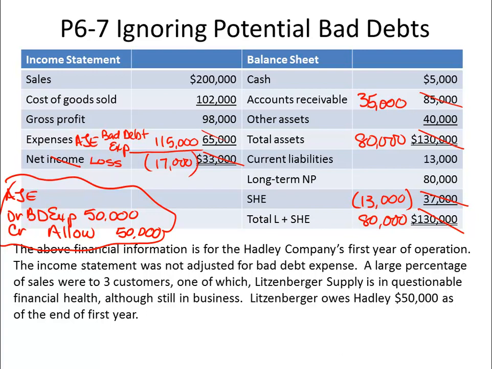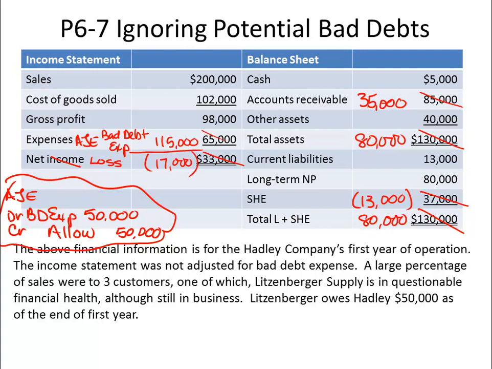If we make that entry, then on our income statement we will now have a bad debt expense, which increases our expenses by $50,000 to $115,000, which means that our net income converts into a net loss of $17,000.